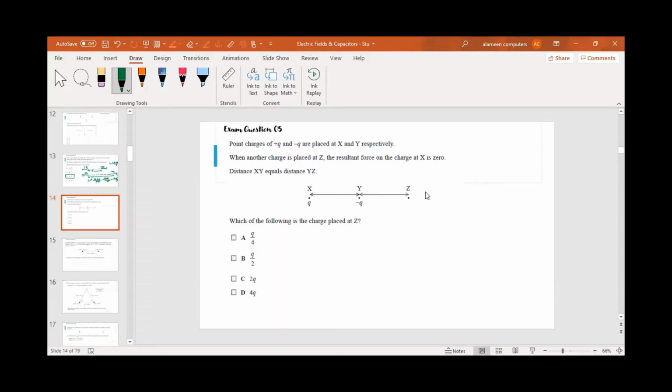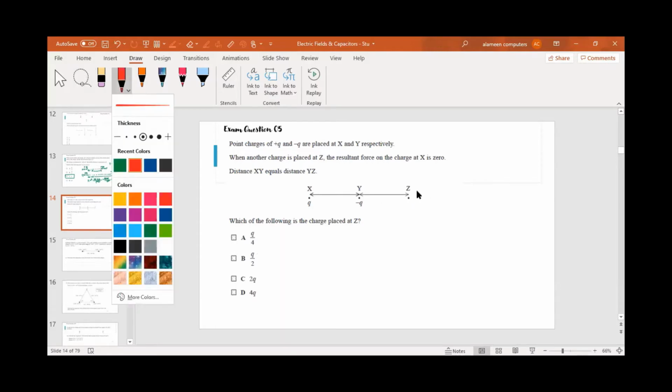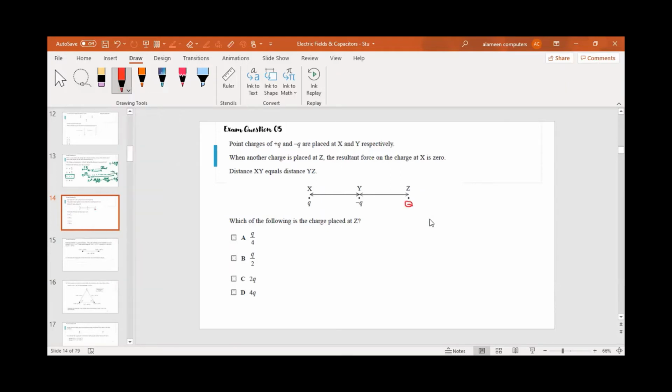So you keep an unknown charge at Z. Let's call it capital Q. When you do that, the force at X becomes 0.